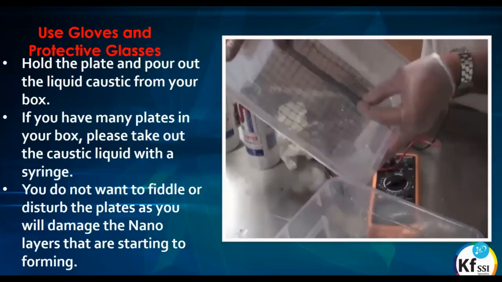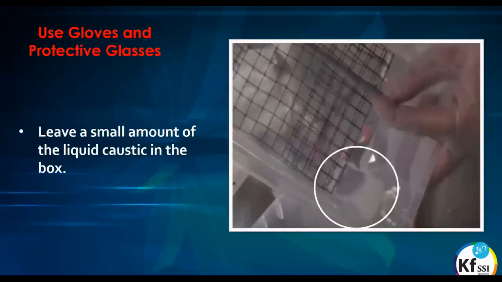If you do have many plates there that you are trying to nano layer, then one just has to try and remove that caustic with a syringe, because you don't want to really disturb or fiddle with those plates, because you'll be starting to damage any of the nano layers which might be starting to form. And then one must always just leave a small amount of the liquid caustic in the box. So you don't pour everything out, just leave that small little amount that will sit at the bottom of the box.